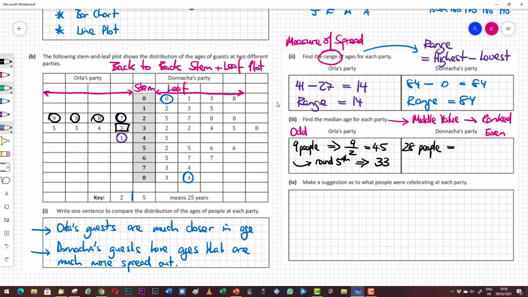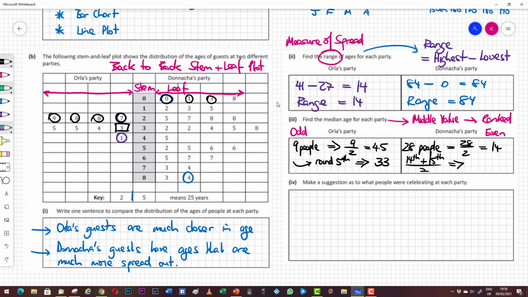And so what we have to do is we divide 28 by 2 and we get 14. And then the median is going to be the average of the 14th and the 15th person. So we're going to add the 14th and the 15th and we're going to divide them by 2. Sorry, let's count them. So we have to go to the 14th person.